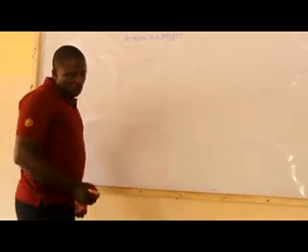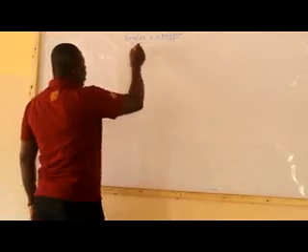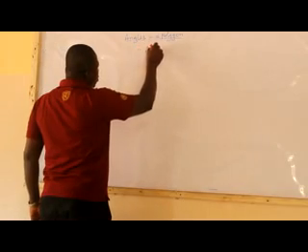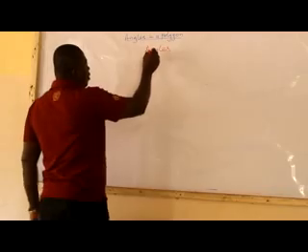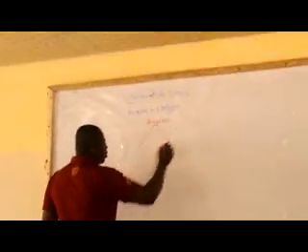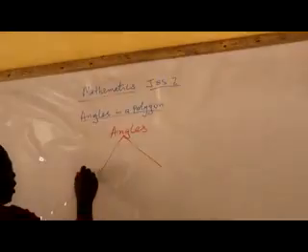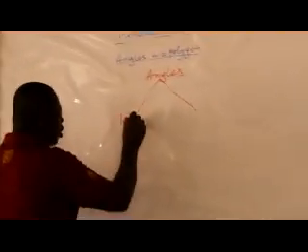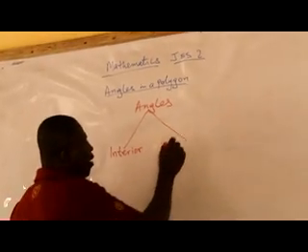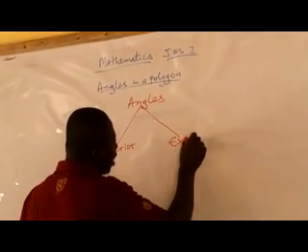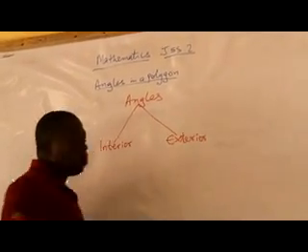So just like we told you before, we are handling angles in a polygon. In a given polygon, we have two types of angles. We have the interior. Interior means internal, inside. Then we have the exterior angles of a polygon.